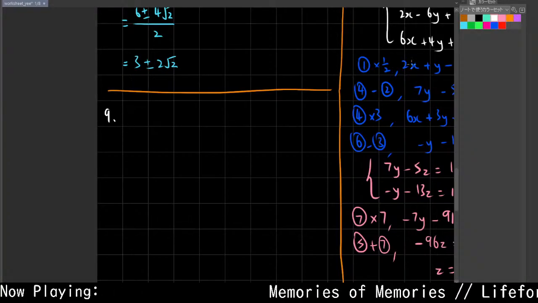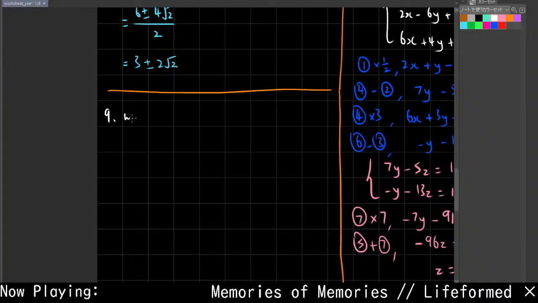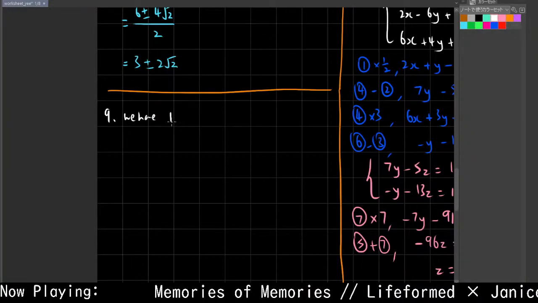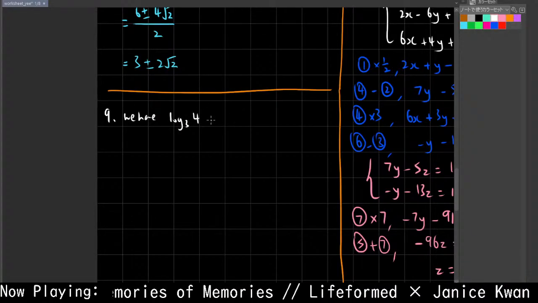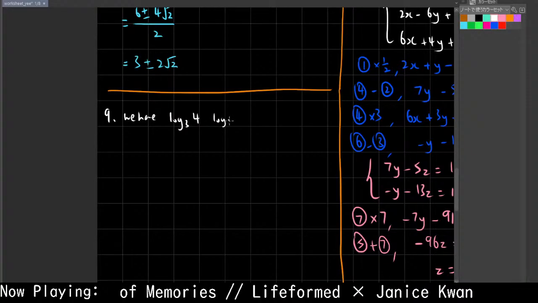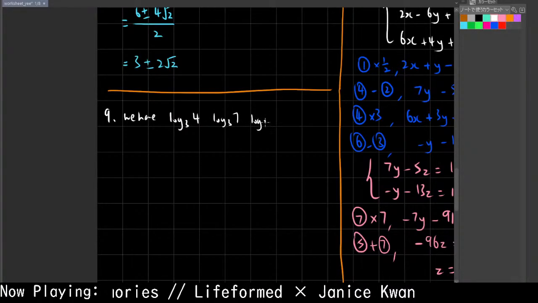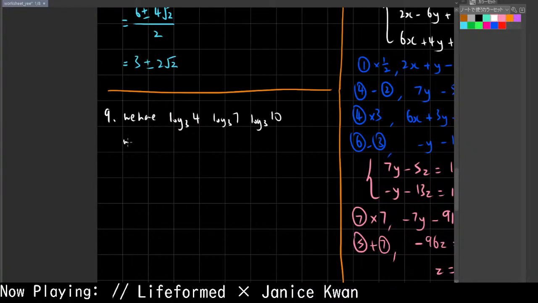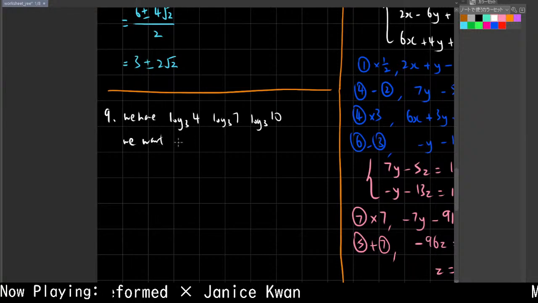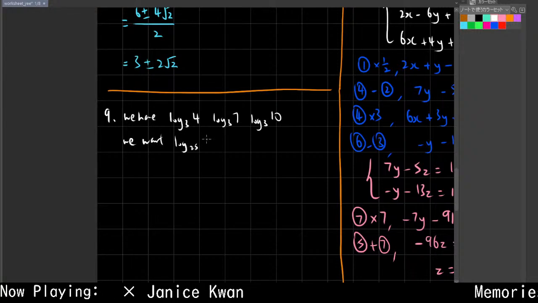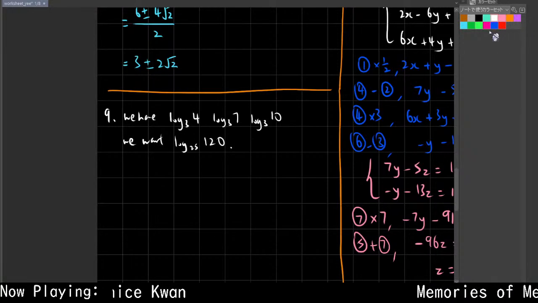Okay, we have the values for log base 3 of 4, log base 3 of 7, and log base 3 of 10. We want log base 25 of 120. Okay.